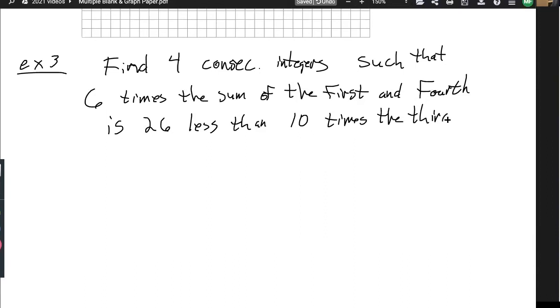All right, take a minute and try that. So 6 times the sum of the first and fourth is 26 less than 10 times the third.